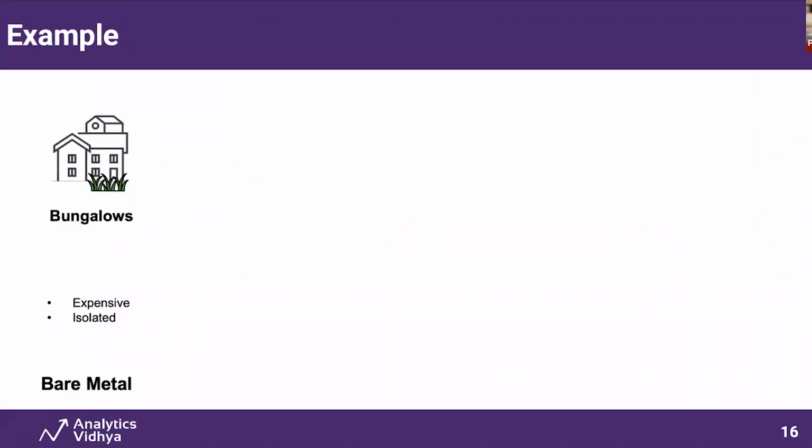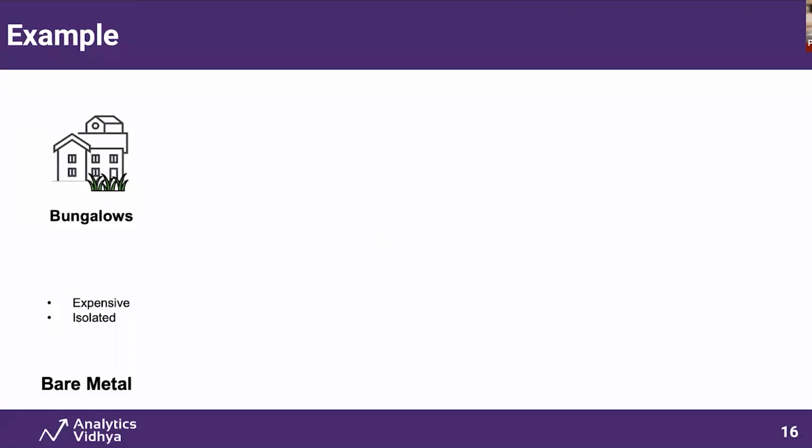Imagine bungalows, right? It's built on a single piece of land. It's not shared with anyone. They are expensive. They are isolated, right? They have their own parking, their own security, their own supply of water, electricity, and everything. They do not share resources, and it's for one family only. So you can call it a bare metal or a single server, which is very heavy.